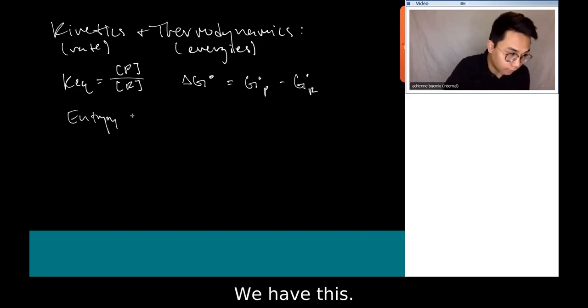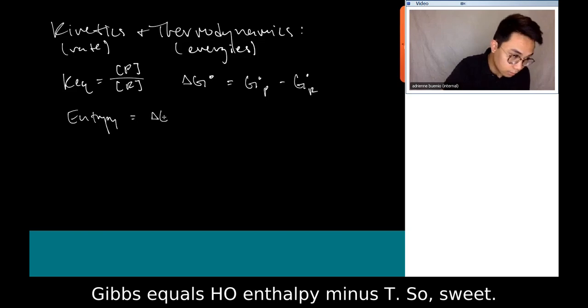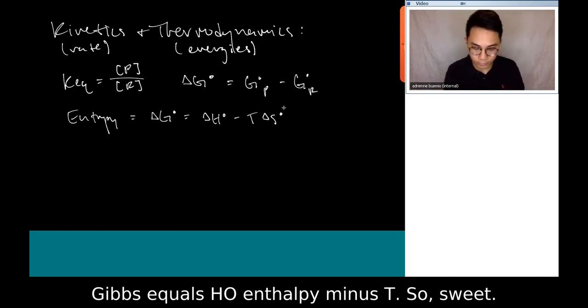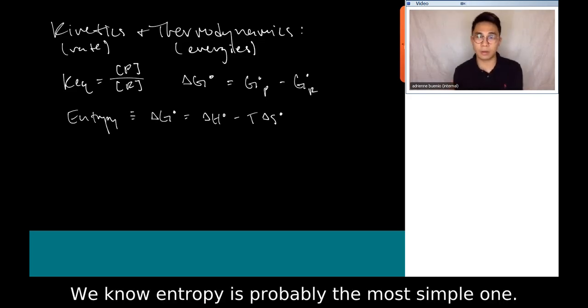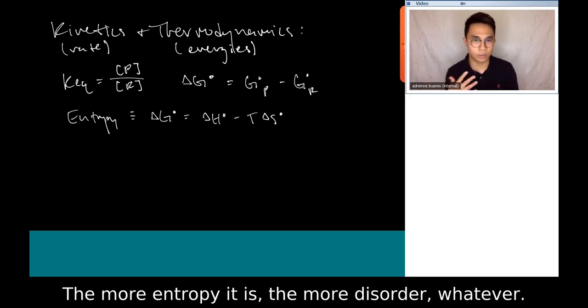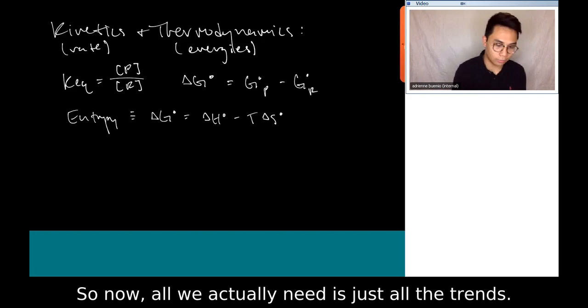We have Gibbs equals H minus T times entropy. Sweet. Nothing too crazy. We know entropy is probably the most simple one. The more entropy, the more disorder, whatever. So now all we need is all the trends.